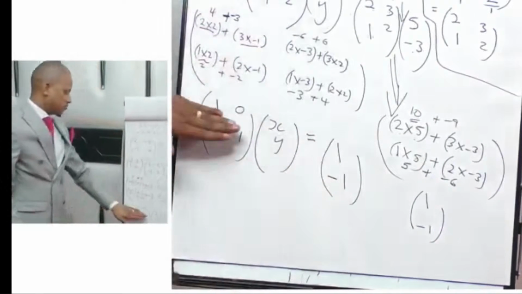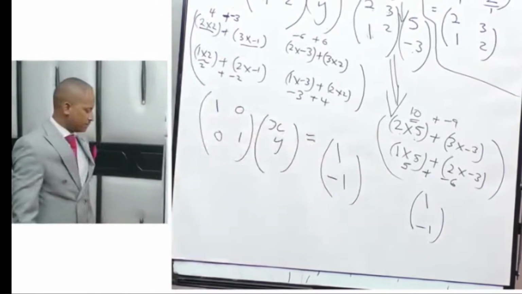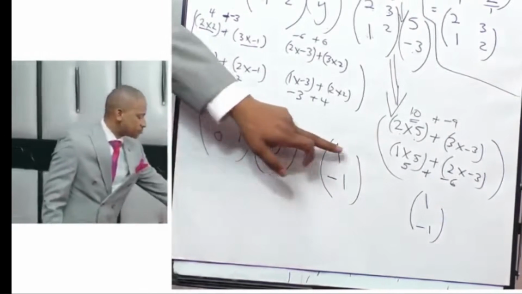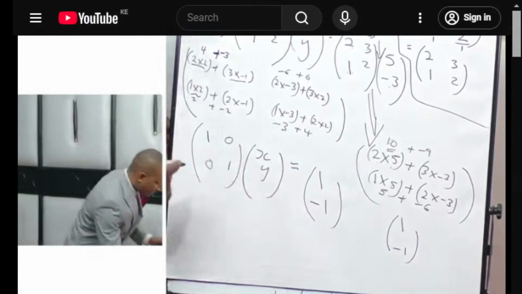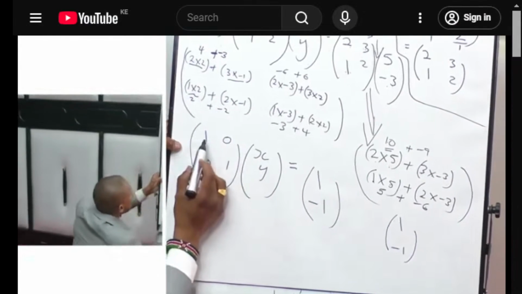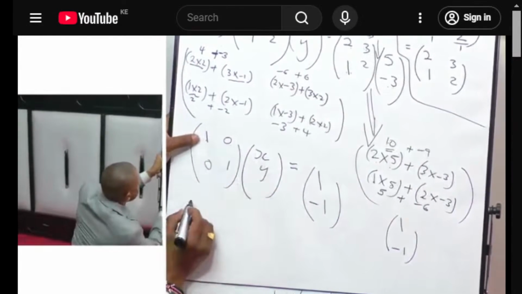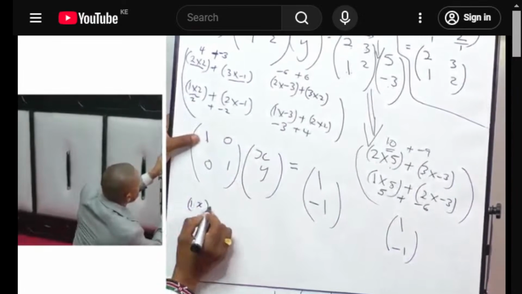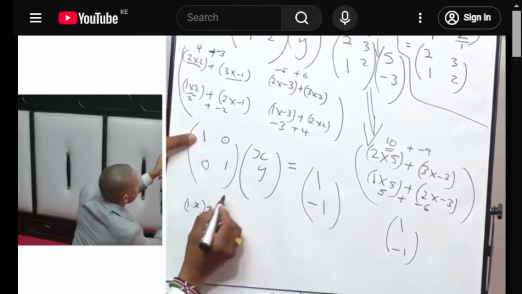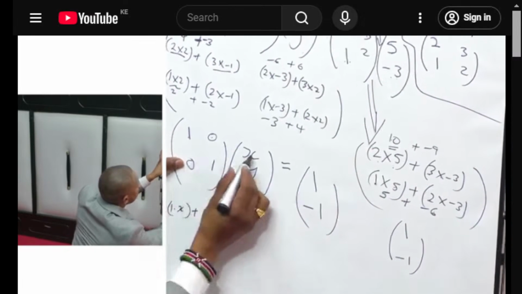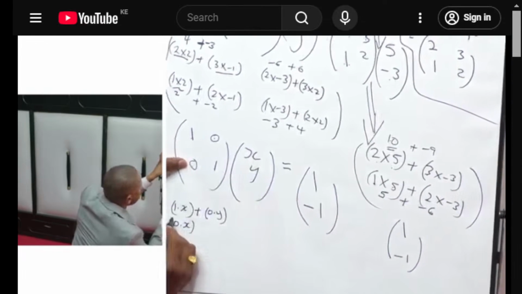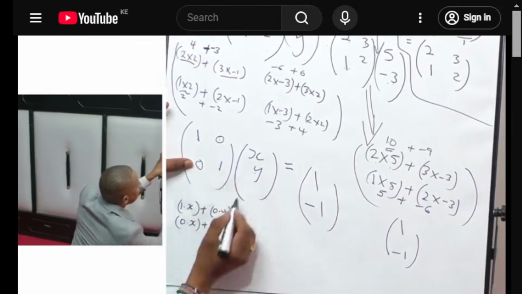So how do we get x and y from here? You can just say directly x is 1, y is minus 1. Or you open this up. If you open it up, you will have 1 times x, 2 times 5 plus 0 times y times 5 times minus. Then you come here, 0 times x minus 3, minus 3, 1 times y.